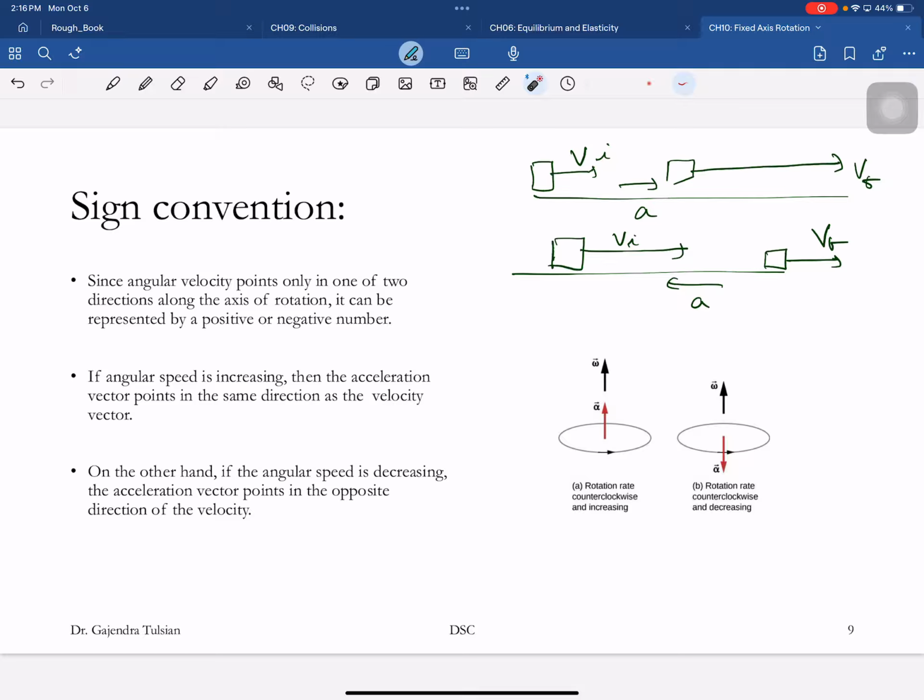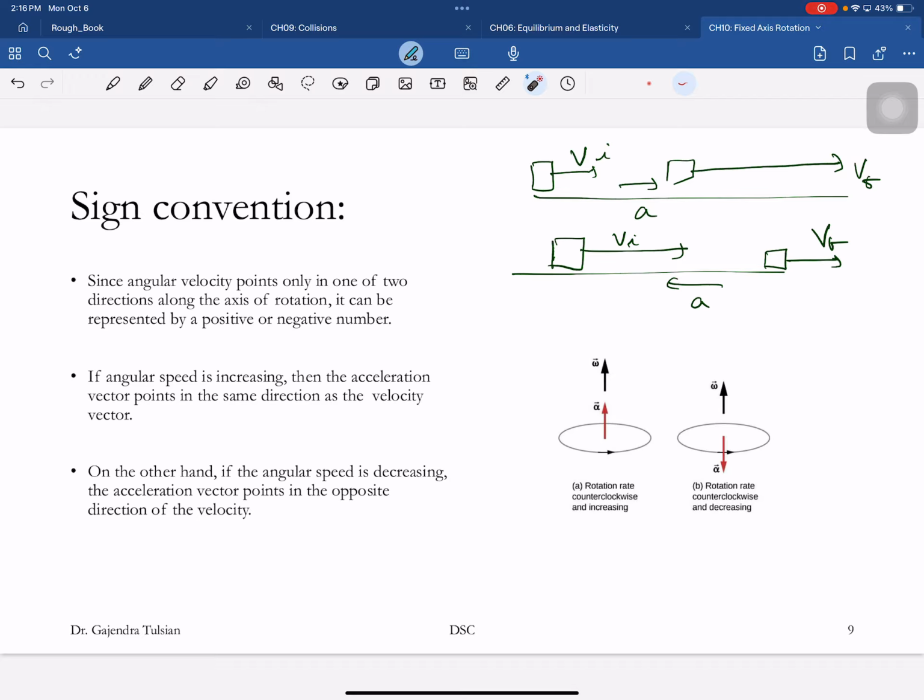Just like that, if an object is spinning and it starts spinning faster, then the acceleration vector points in the same direction as the velocity vector. If the object is spinning and it's slowing down, then the acceleration vector points in the opposite direction. Let me illustrate this using this bicycle wheel. Here I'm spinning this wheel. Which way is the velocity right now?